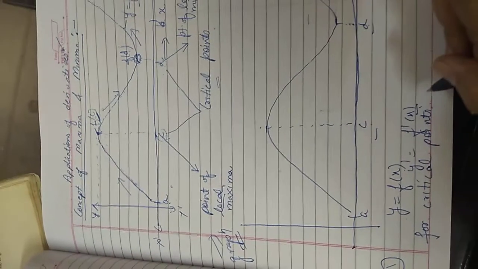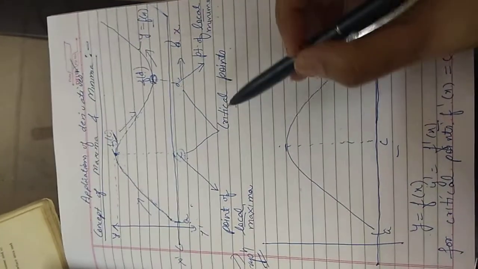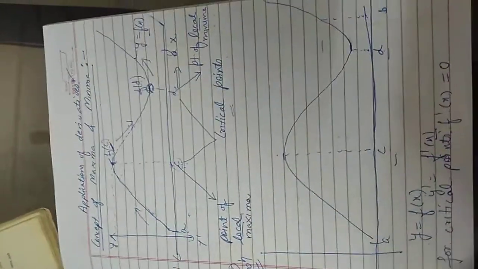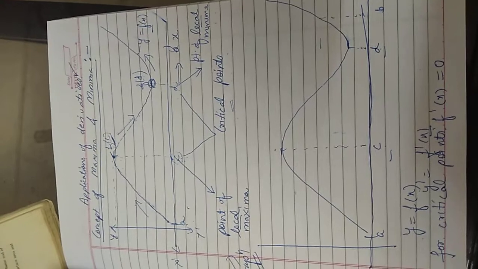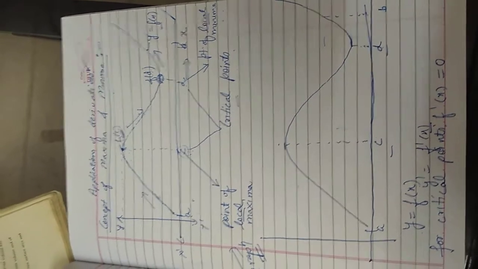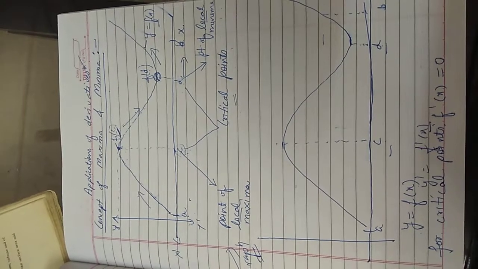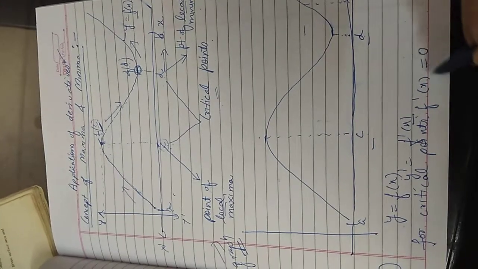The critical points are the points where the derivative of the function either vanishes or does not exist, where it is not differentiable. So there are two types: the point where the function is not differentiable, or the point where the derivative of the function becomes 0. That point is called a critical point.